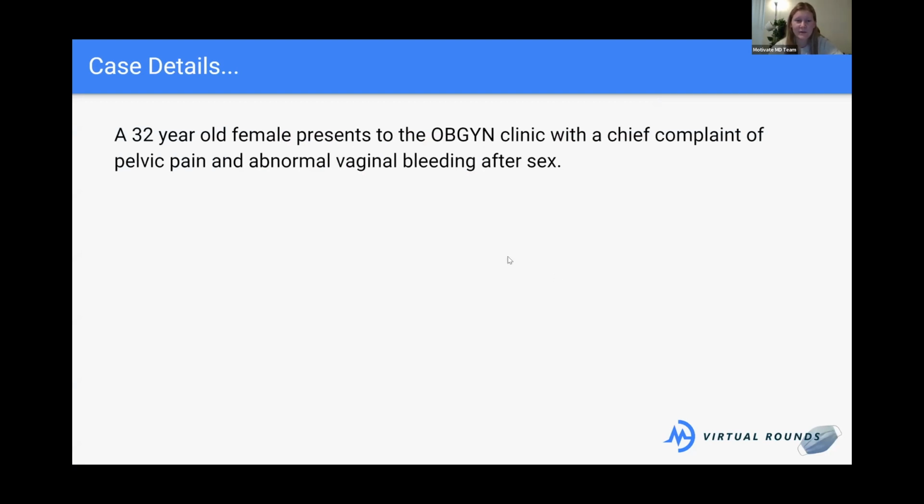What would you guys think would be some causes for a differential diagnosis that we could include for why she could be having this pelvic pain and abnormal vaginal bleeding after sex? Let's try to come up with at least 3 things as a group. They could be normal things too, like any other reasons why you might have vaginal bleeding or pelvic pain.